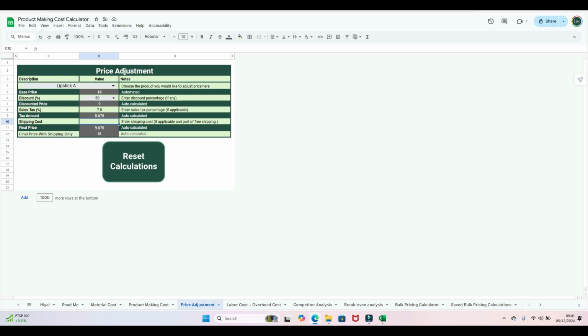And you want to use Royal Mail, that might be around £4.50. And there you have it. Your final price for lipstick A during Christmas time will be 14.17, okay, or you round it up. And then your final price with shipping only will be 22.5, okay.